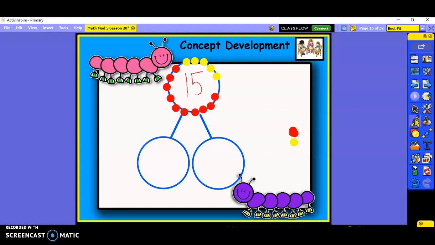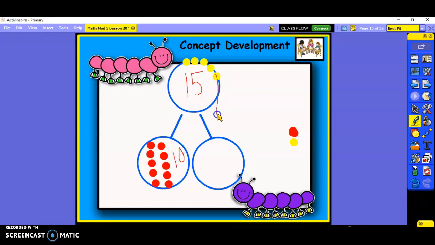I'm going to split my 15 into two parts. 1, 2, 3, 4, 5, 6, 7, 8, 9, 10. 10 is one of my parts.